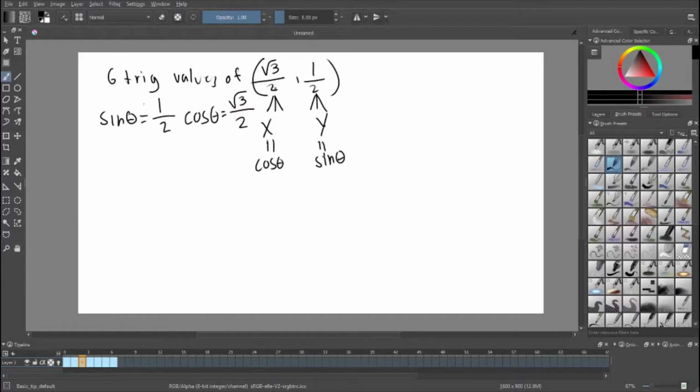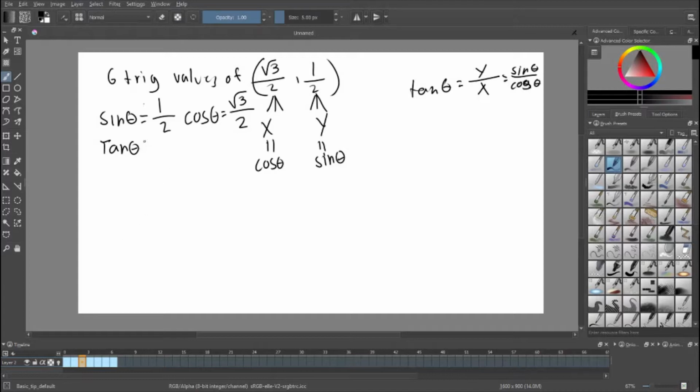There you go. So if that's what the value looks like, well then we can also do tangent. For tangent, we know that tangent theta equals y over x. Otherwise, sine over cosine.